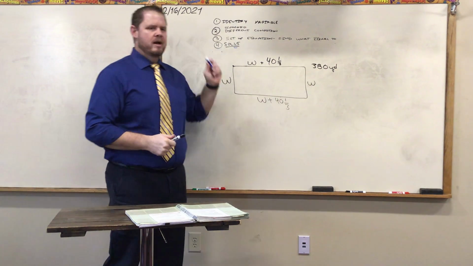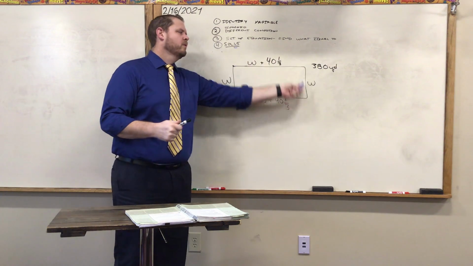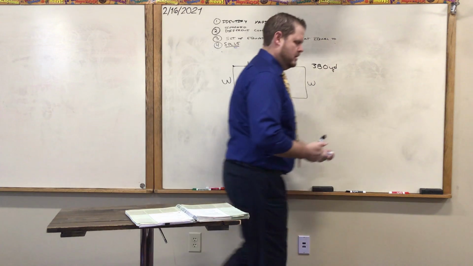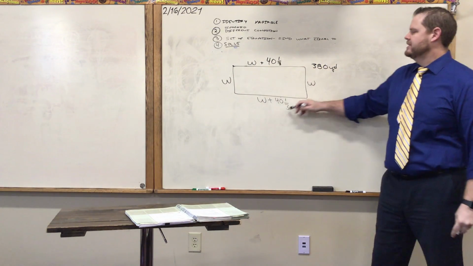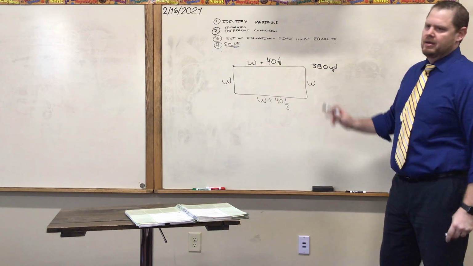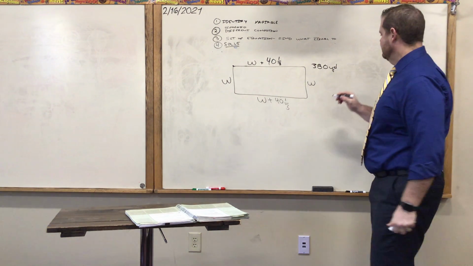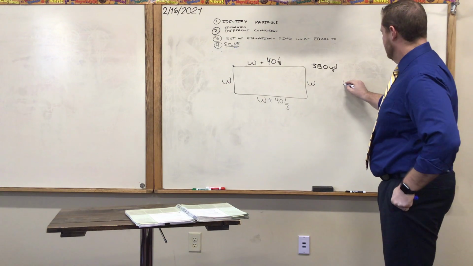Now, let's set up our equation. So how will I get the whole perimeter? What will I do to get the whole perimeter, Candace? Good, I'm going to add them all up. So what are the 4 things?